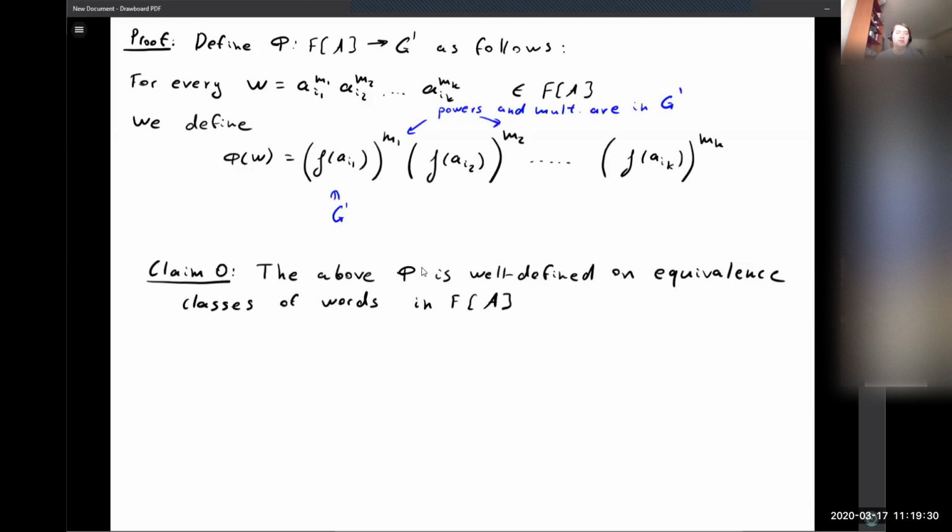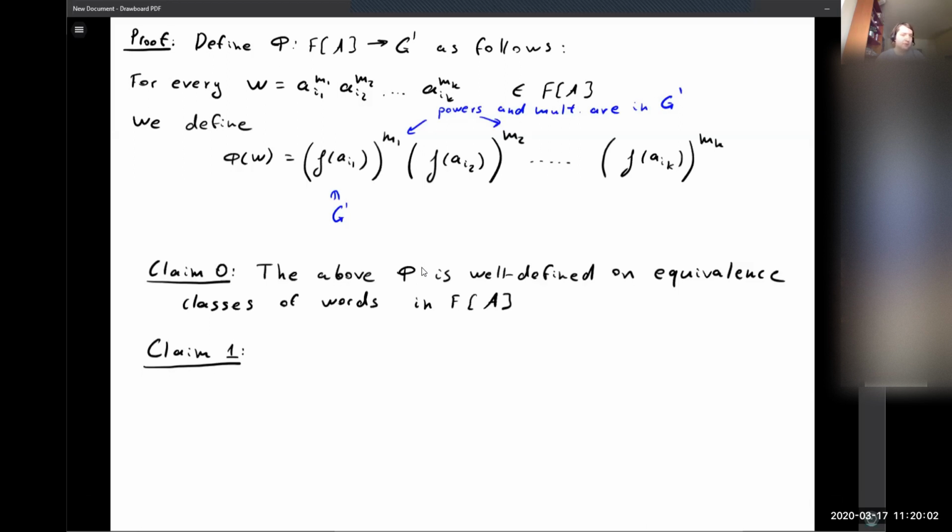Okay, I'm not going to go over all the details needed to prove claim 0, but basically you have to prove that this map behaves well under elementary contractions and expansions. So that's now claim 1. So once we assume claim 0, we now can indeed talk about the function from the free group with alphabet A to G prime.